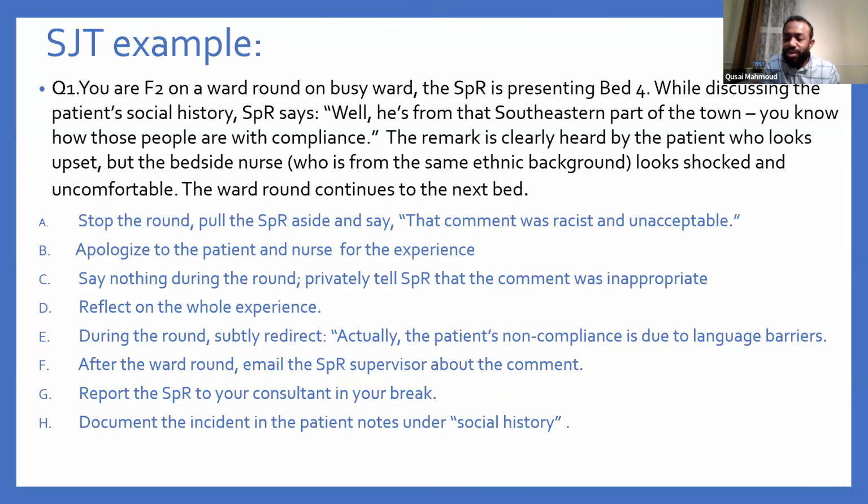But if I have something, let's say admin work, as Dr. Faisal said, for a clinical incident there are specific official channels to report that. It's not the patient note. The patient note is about the factual clinical things. You have to understand that. So I've been left with E, F, and G.